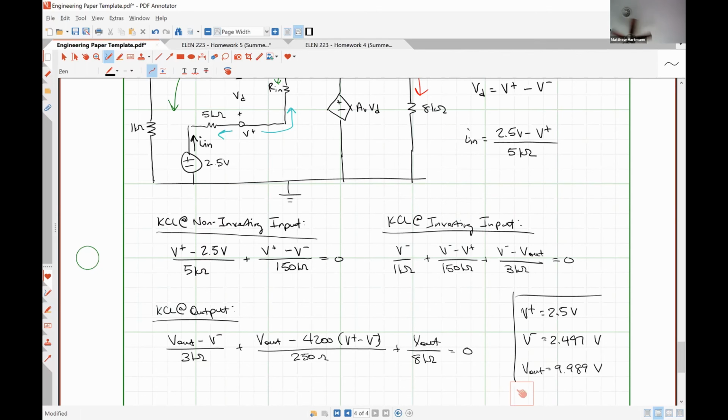Okay, so I_in should be 2.5 minus the V plus divided by 5 kilo ohms. 144.156 megaohms is what I got. Yep, that's exactly what I got. Okay, then that seems legit.